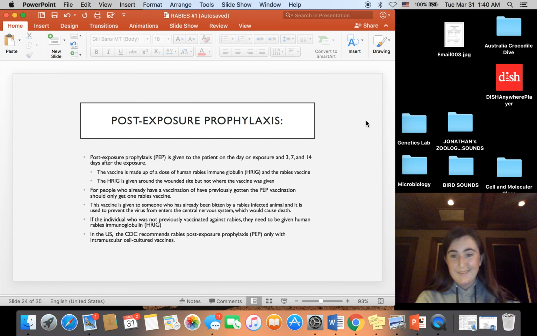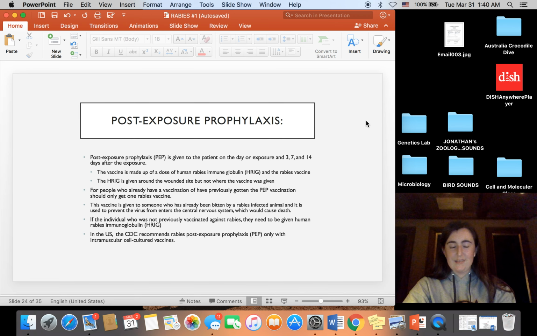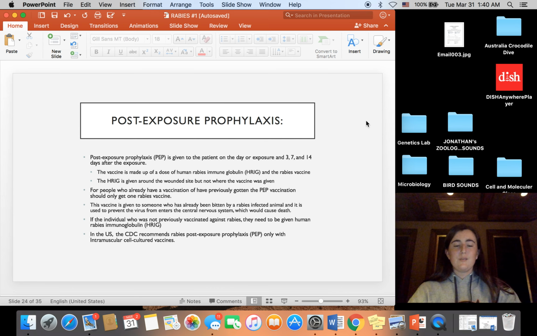This shot is not cheap, and that's why a lot of people die from rabies, because any type of treatment or vaccination is expensive. That's why in developing countries a lot of people die, because they can't pay for the post-exposure prophylaxis because it's so expensive.